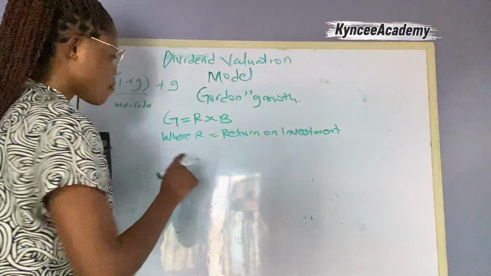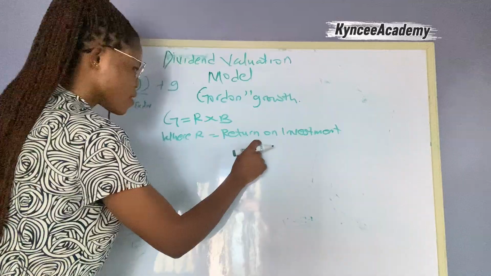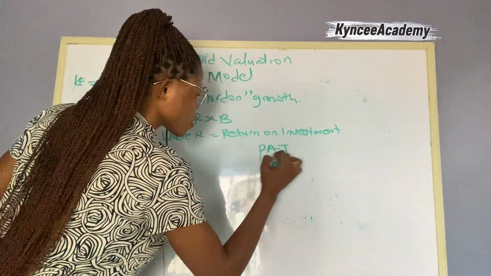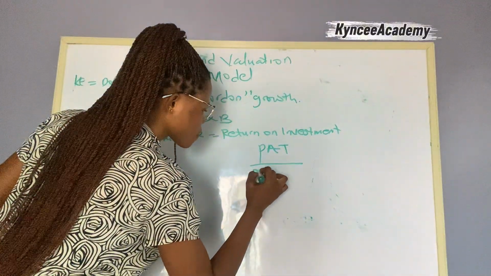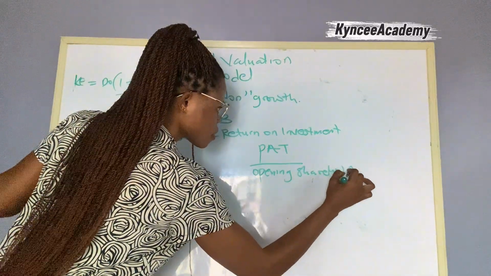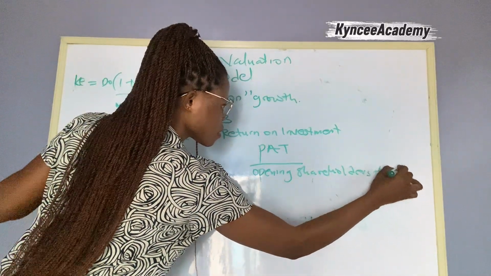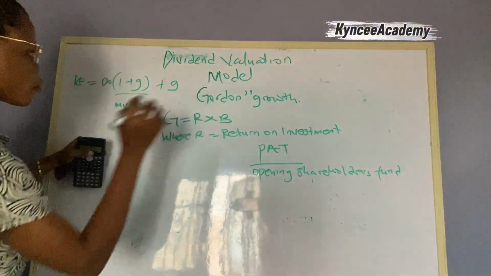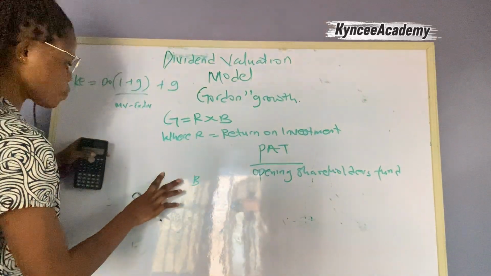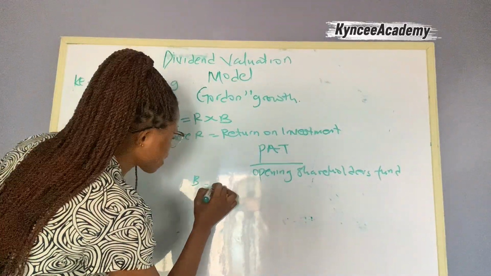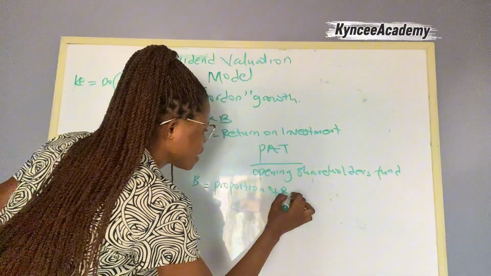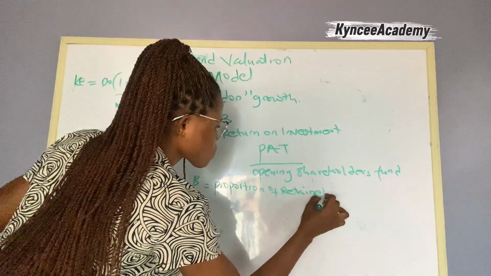The formula for this is profit all over opening shareholders' funds. Then we move to b. b is the proportion of retained earnings.